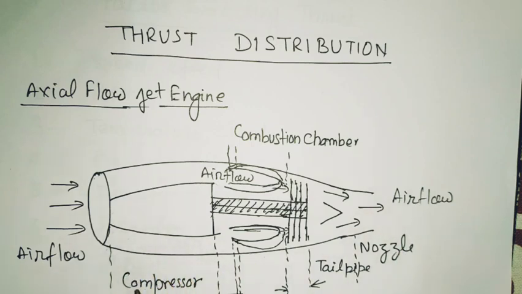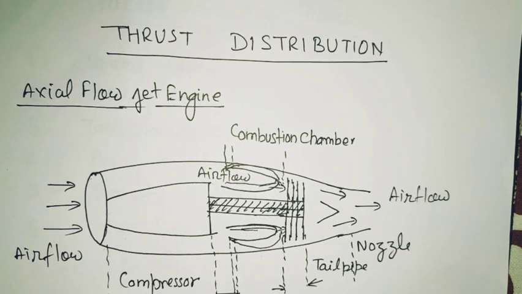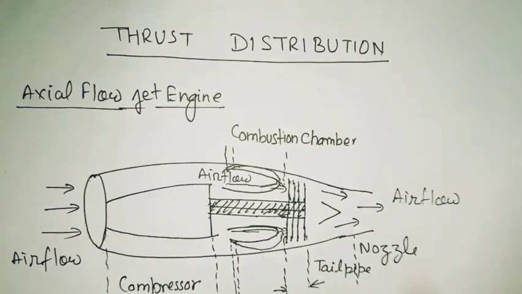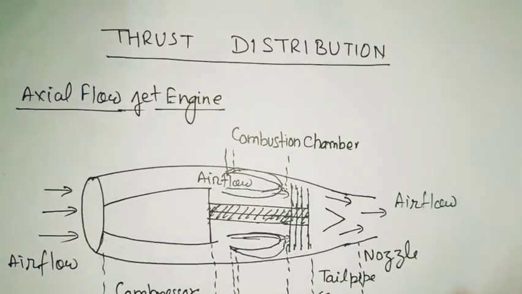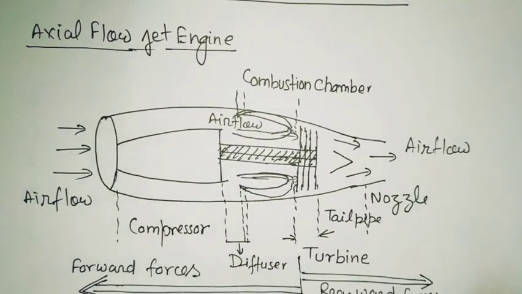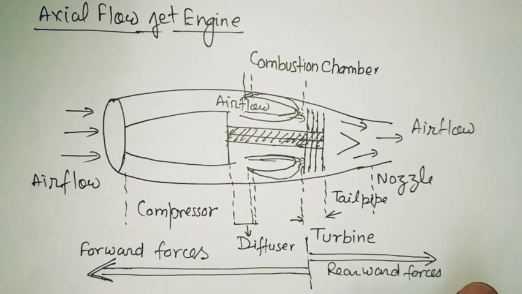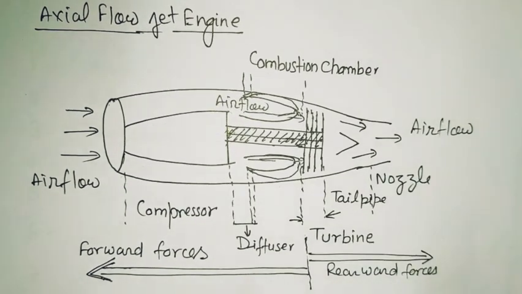Here you can see the compressor, combustion chamber, turbine, tailpipe, nozzle. These are the components among which thrust is distributed. You can see exactly in the figure. Up to here means compressor, diffuser and combustion chamber.